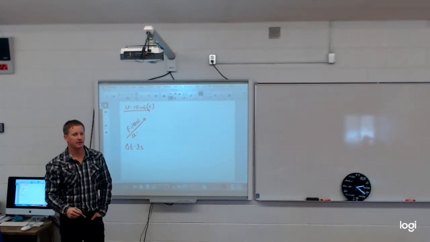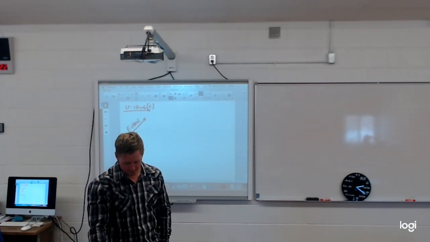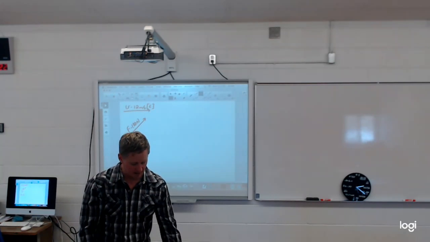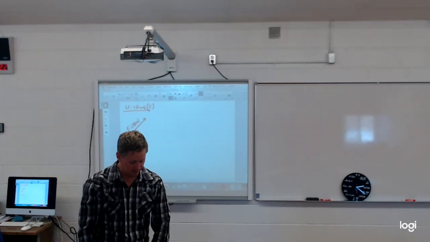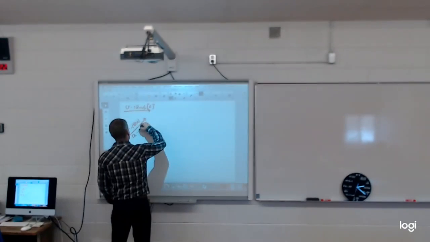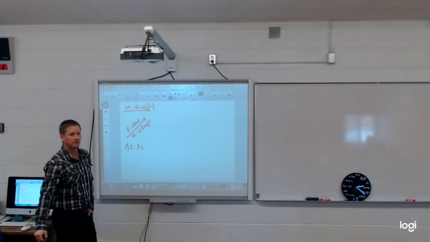How do I find the acceleration? Force divided by mass. So 100 newtons divided by the mass, 40 kilograms, works out to 2.5 meters per second squared. Agreed?